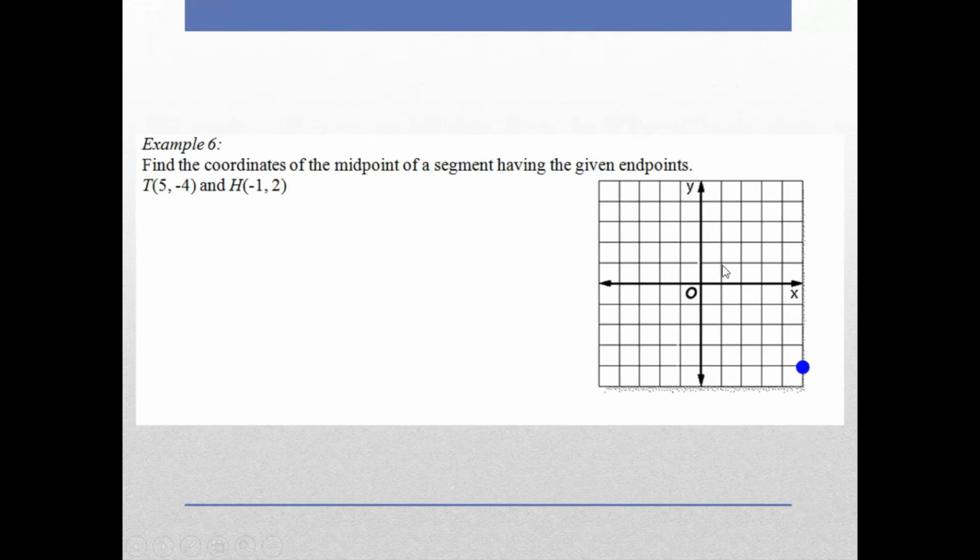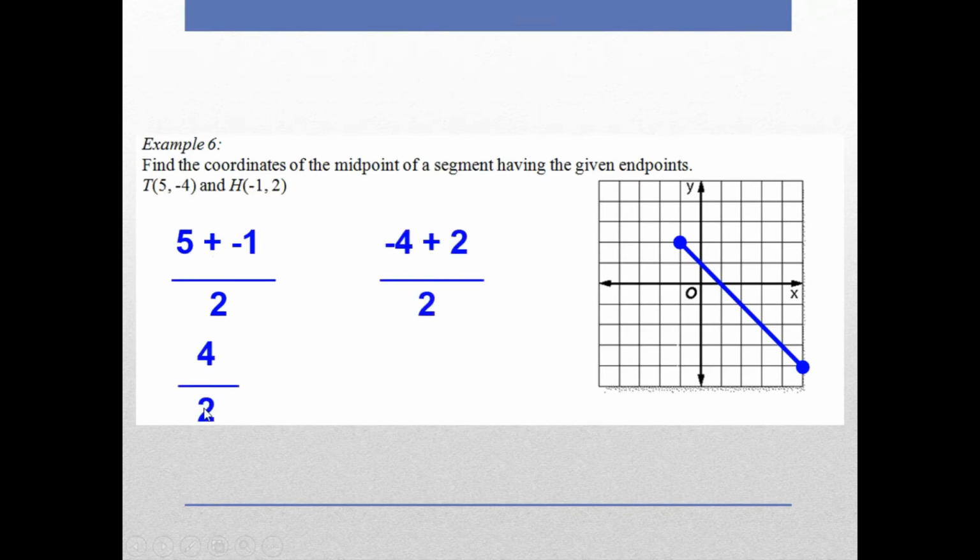If the original points are 5, -4, and -1, 2, to find that midpoint, we're going to add our x's. 5 plus -1, which is 4. 4 divided by 2 is 2.